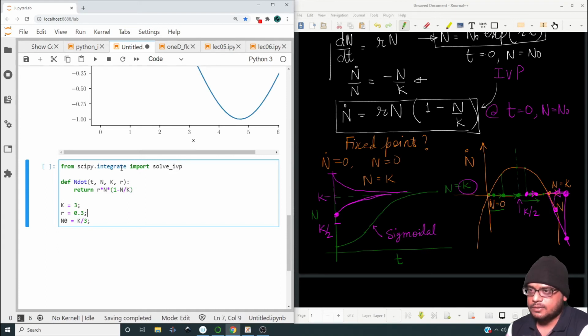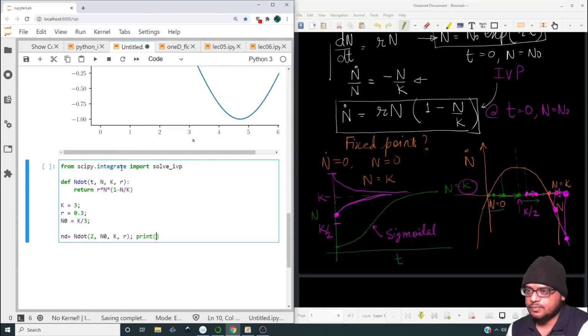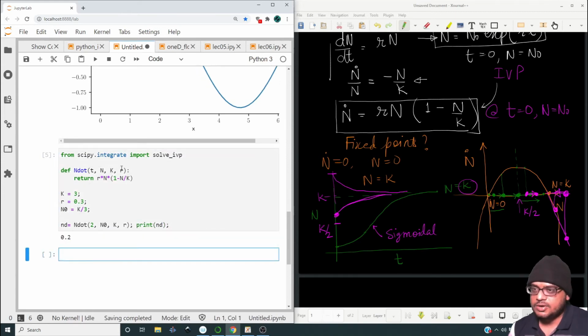Alright, so now that we have this, let us check whether n dot returns us something. So nd equal to n dot, 2 n naught, k, r, and let us print nd. So nd returns something, so we're in the green.